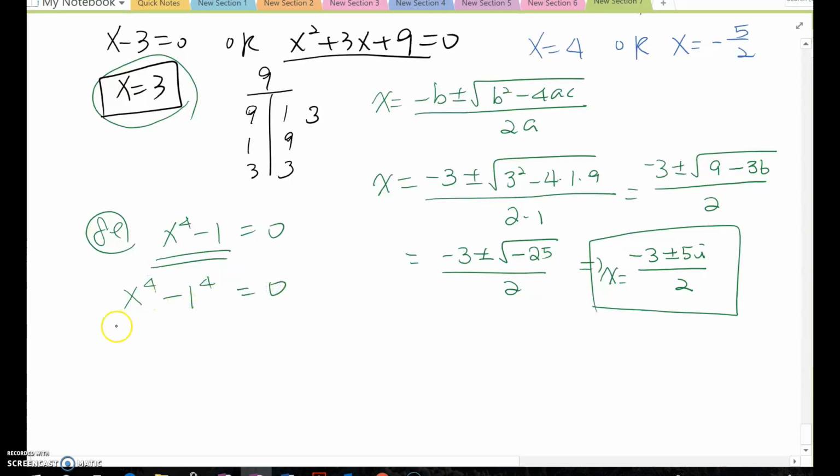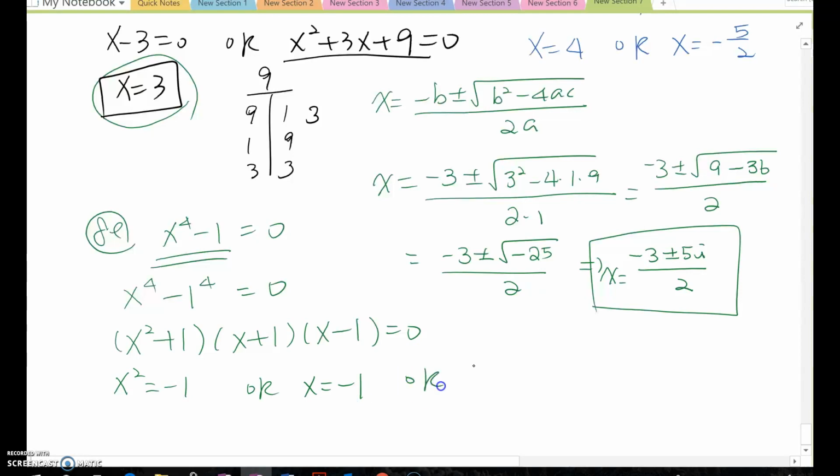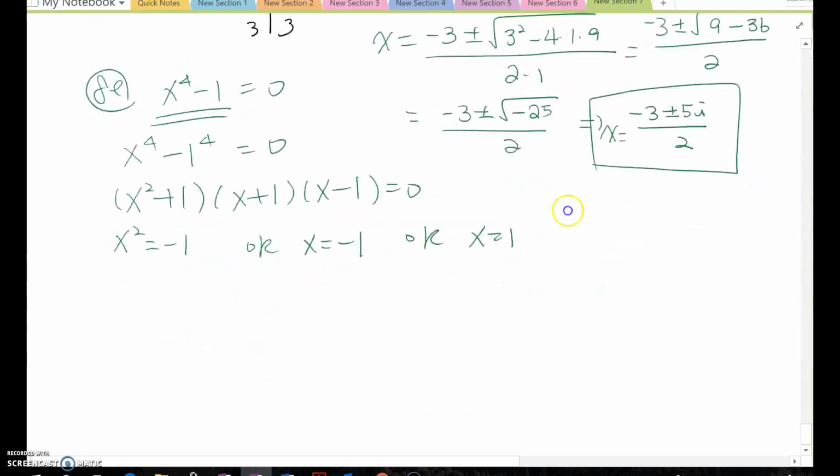Using the factoring form, it becomes (x squared plus 1)(x plus 1)(x minus 1) equal to 0. Therefore, you can make x squared equal to negative 1, or x equal to negative 1, or x equal to 1, right?